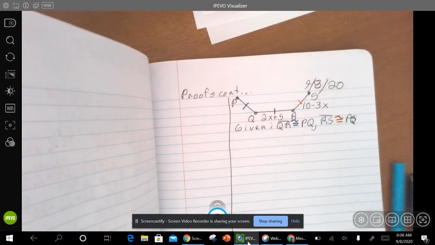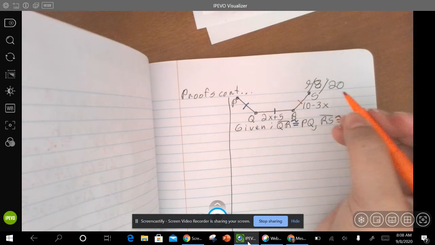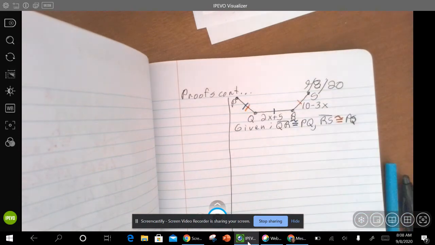It's PQ, so double check it. Okay, so those are congruent.